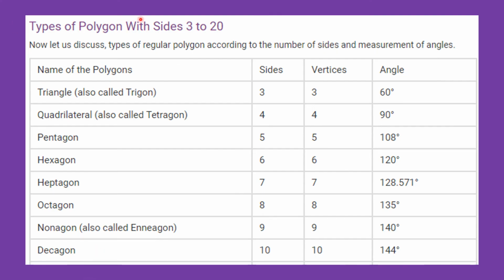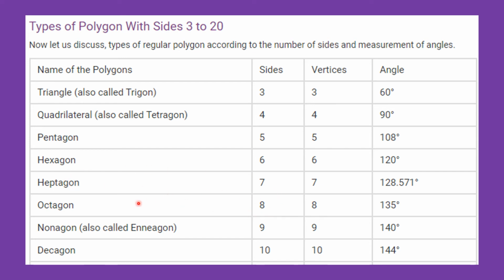So we have the types of polygon with 3 to 20 sides. For 3 sides, we have a triangle, also known as trigon. For 4 sides, we have a quadrilateral. We can also call this one a tetragon. For 5 sides, we have pentagon. For 6 sides, we have hexagon. For 7 sides, we have heptagon.